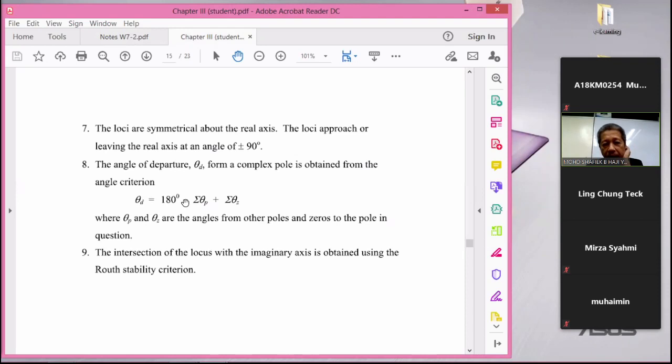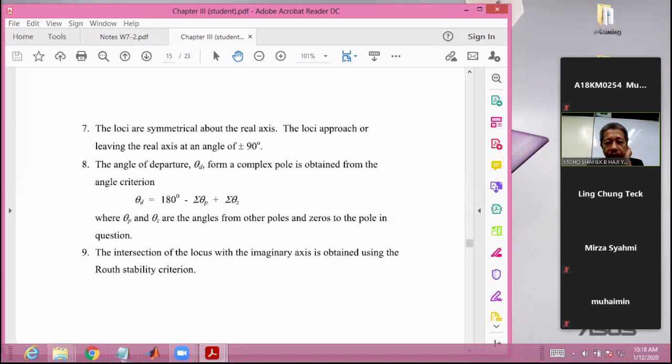You compute that by 180 minus the angles from all other poles, plus the angles from other zeros. Theta p is the angles from other poles, and theta p and theta z are angles from other poles and zeros to the pole in question.